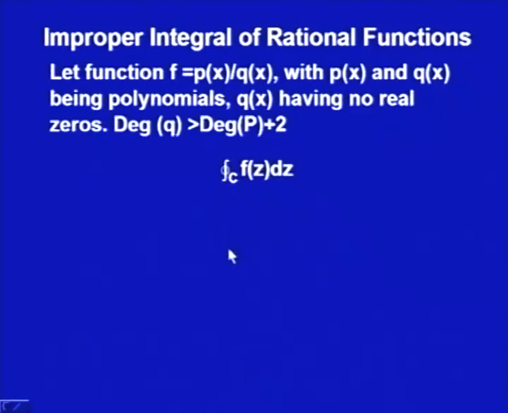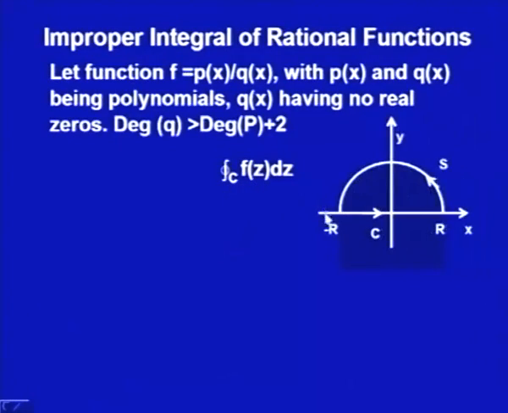The contour C is the semicircle in the upper half plane plus the line y equal to 0, that is, the real axis. We take this closed contour C and then apply our residue theory.